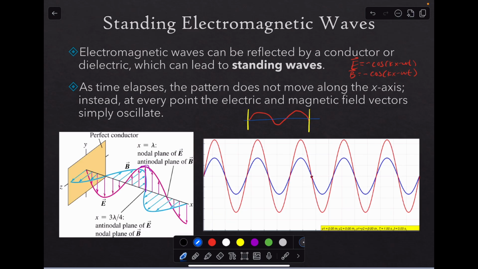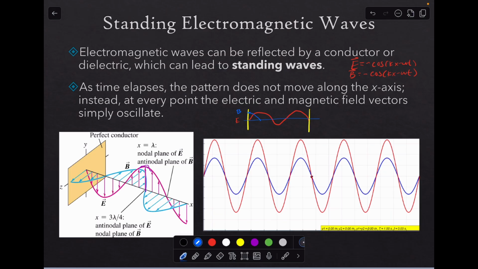And so what happens is in the standing wave, let me make sure I draw it right. In a standing wave, the E field is 0 at the walls of the cavity. And then the B field has a max at the cavity. And it should be 0 when E is a max.